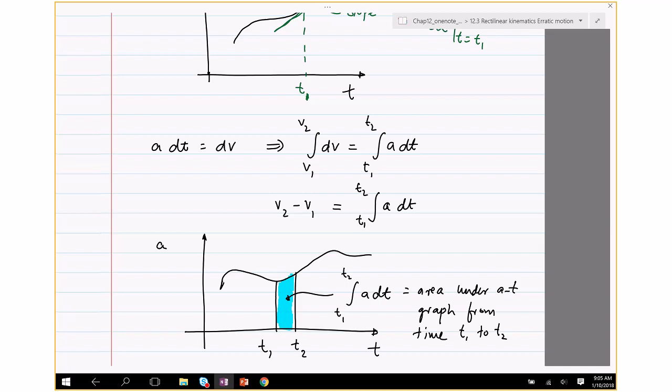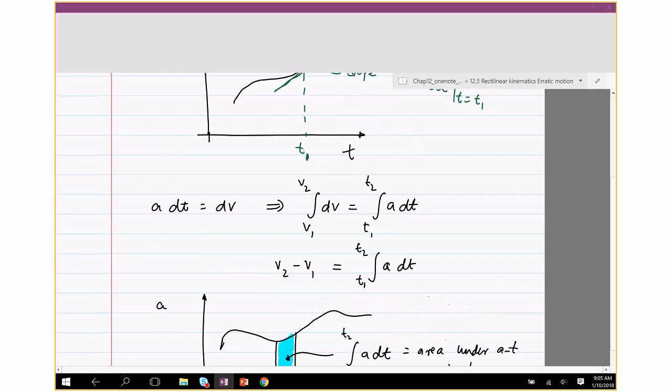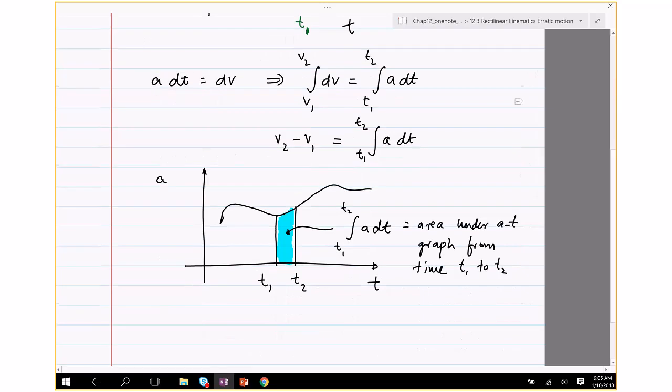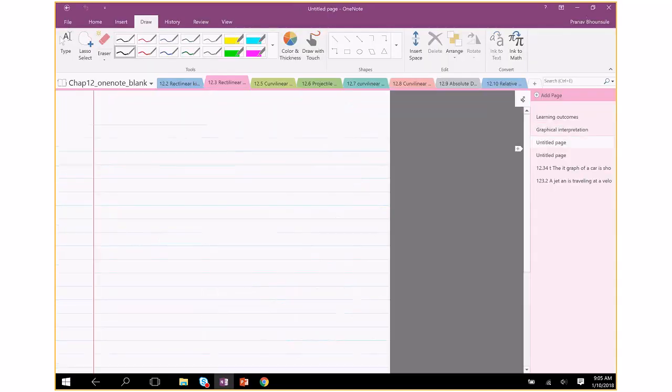Okay, let's look at the other formula before we start solving problems. The other formula has to do with velocity as a function of distance. So this was a equals dv/dt, acceleration. Look at the other formula we talked about the day before yesterday, and that is v equals ds/dt. This has exactly the same interpretation as the previous one.